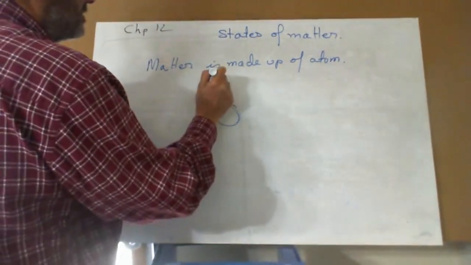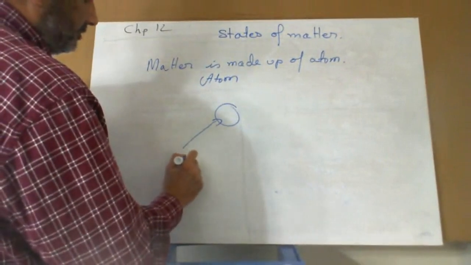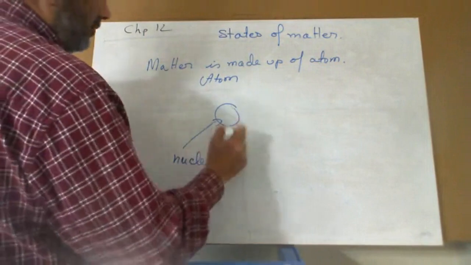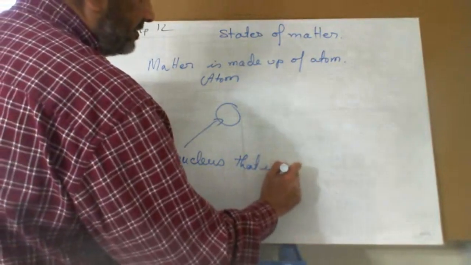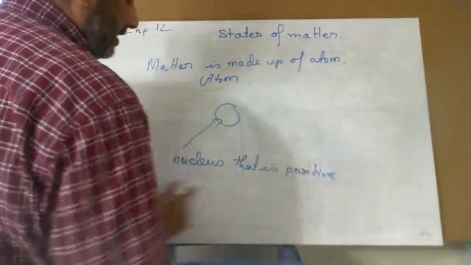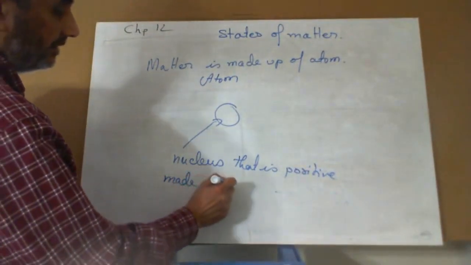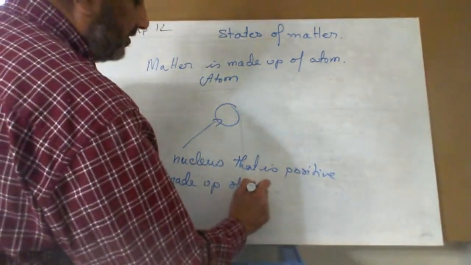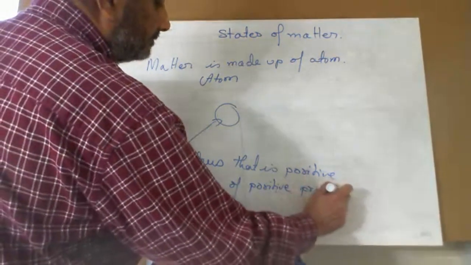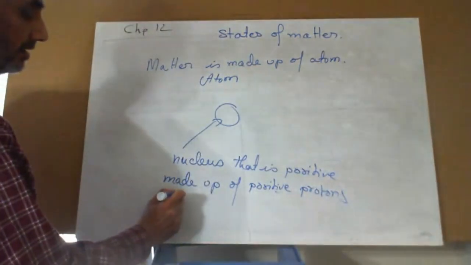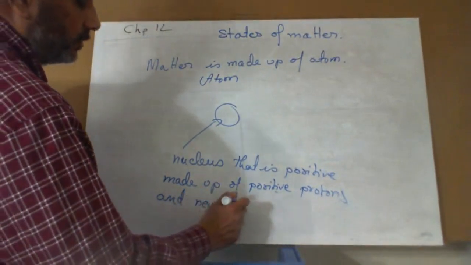So this is an atom. An atom is made up of a nucleus, which is positive, made up of positive protons and neutrons, neutral. They don't have a charge. Neutral neutrons.